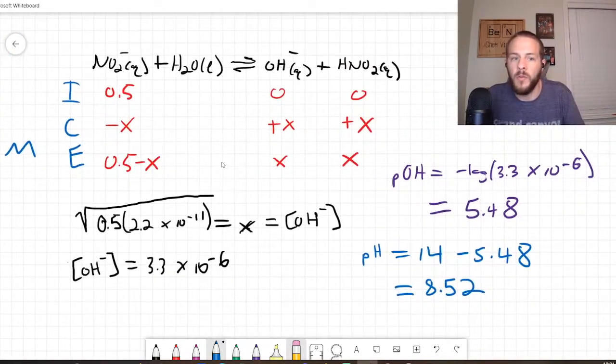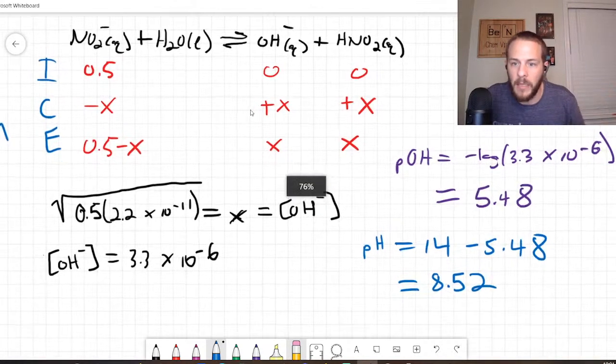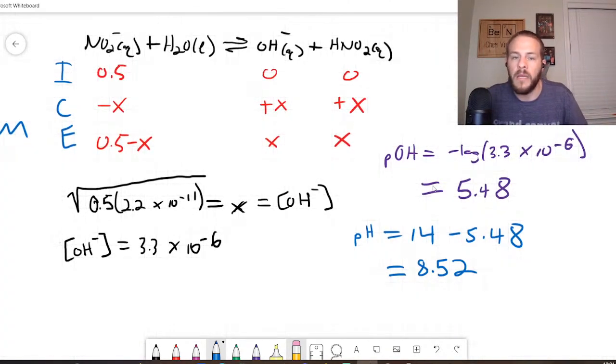We have to use chemical equilibrium to get the concentration of hydroxide for that, which is exactly what we did. We calculated the Kb using the Ka times Kb equals Kw relationship. Then we invoked the principles of equilibrium that we've hammered time and time again throughout the last several weeks of this live stream in order to get the concentration of hydroxide.